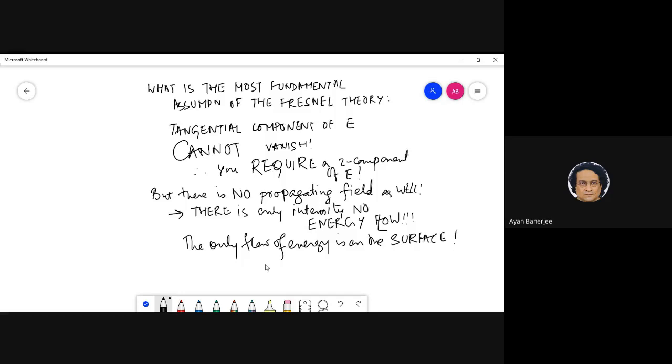And you know what this phenomenon leads to: a small decay of the field, over a vanishingly small distance, into the second medium. That is one aspect. The other is this surface wave which flows.